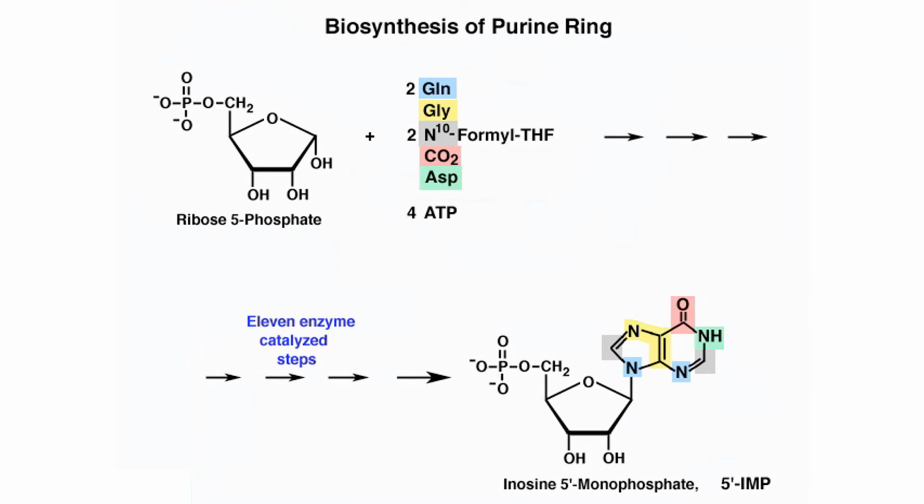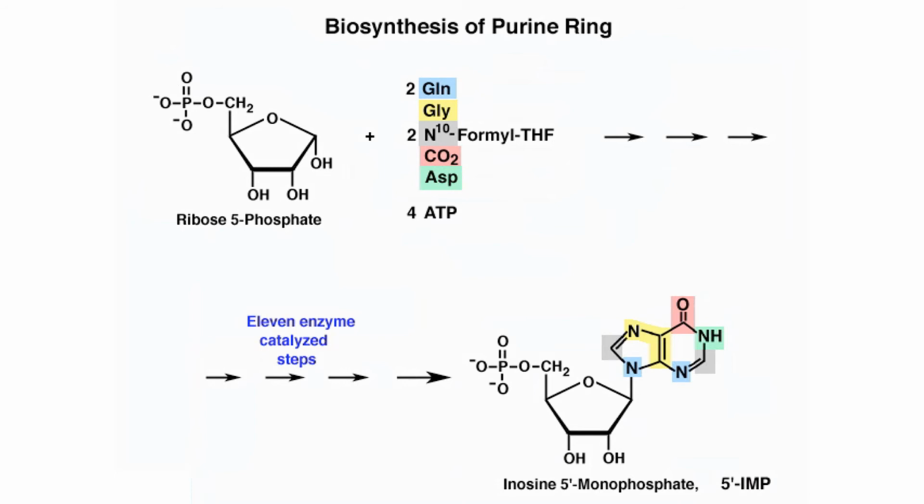So this does not show you all of the steps involved in the biosynthesis of the purine ring. Well, the pyrimidine biosynthesis is relatively straightforward, not so for purine biosynthesis. And this is far more complicated with respect to the pathway, and you will not be responsible for the details here. I'm essentially going to summarize what you should know.